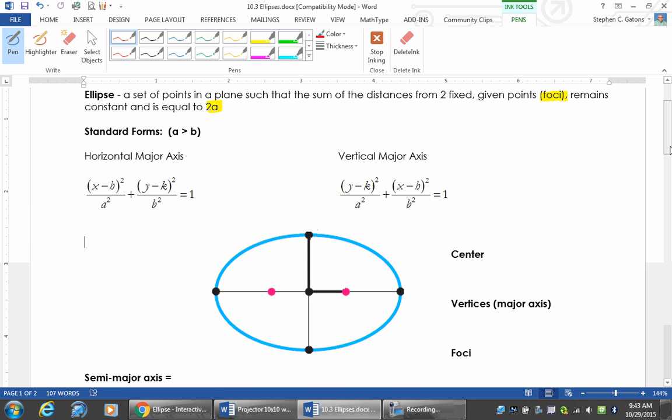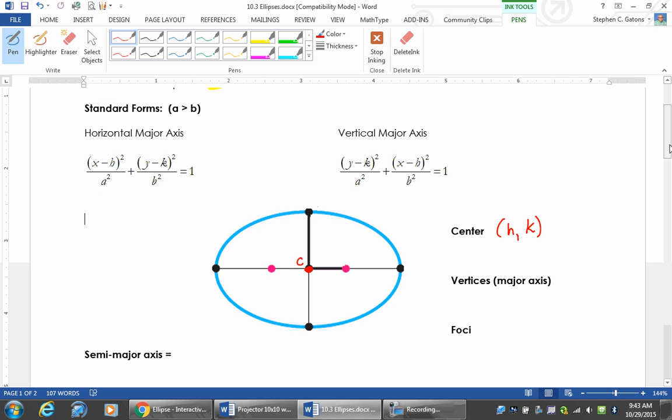It does go right back, just like with the parabolas, to the x-axis and y-axis. If it's underneath an x, it goes right and left. If it's underneath a y, it goes up and down. The center is at (h, k).